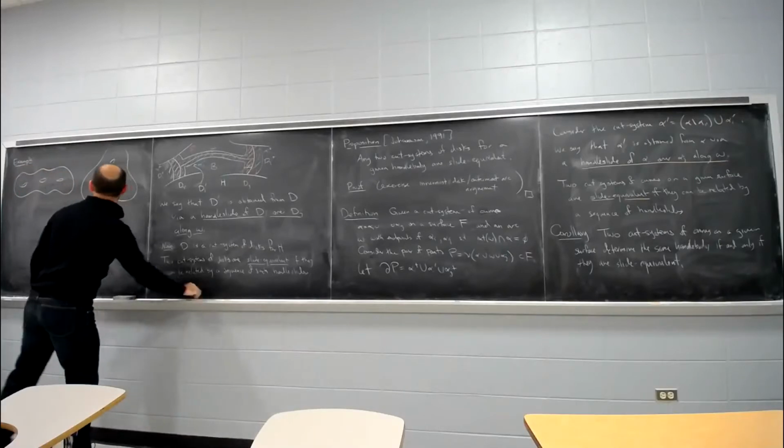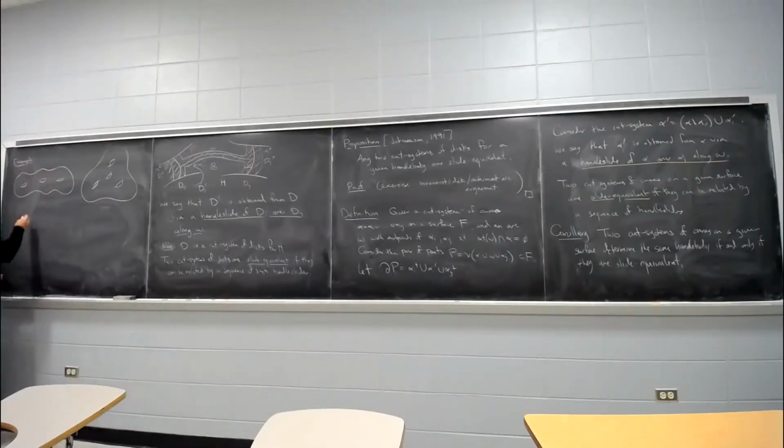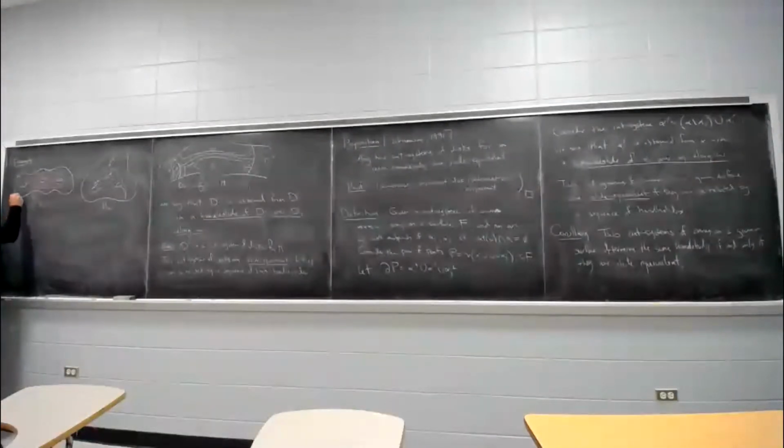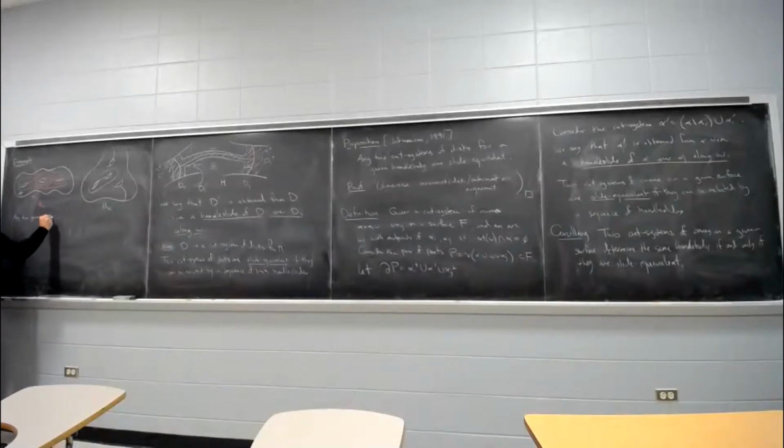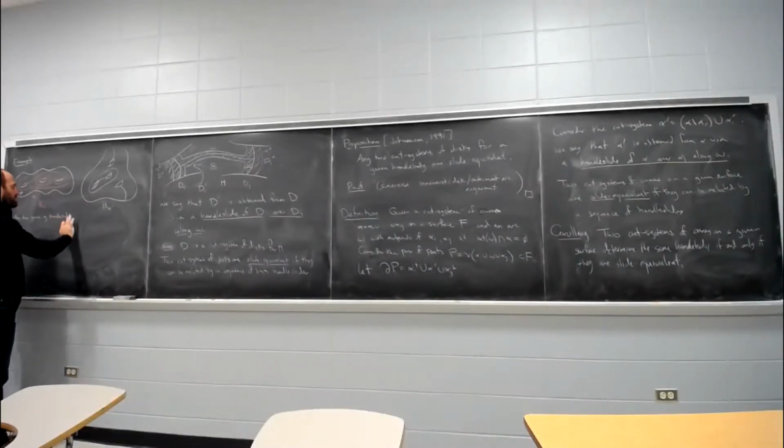Okay, so if I have, say, some surface, maybe this one has genus 4, I can determine a handle body by just attaching a bunch of curves. Now the problem is that any two genus g handle bodies are diffeomorphic. By definition, a handle body is diffeomorphic to this wedge of circles.